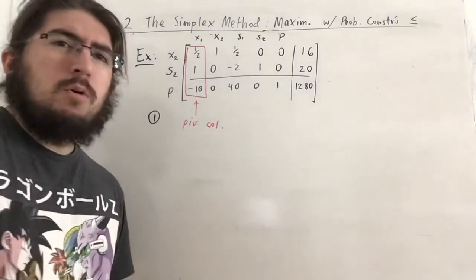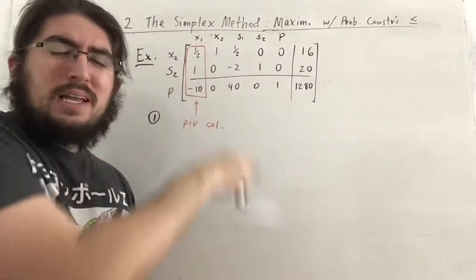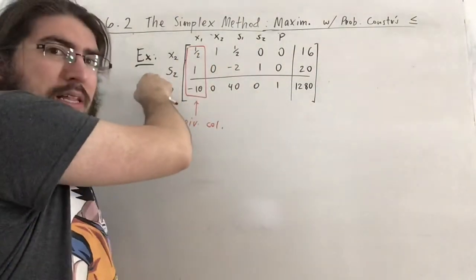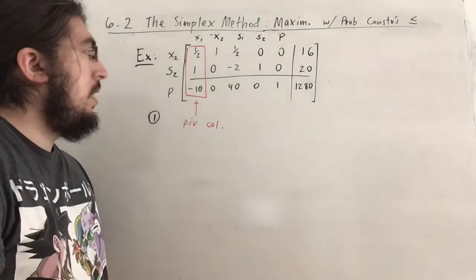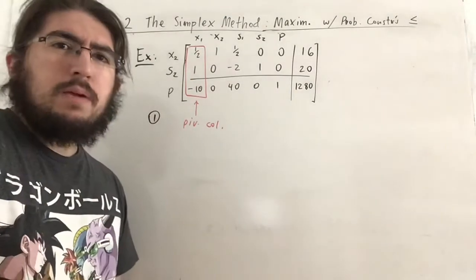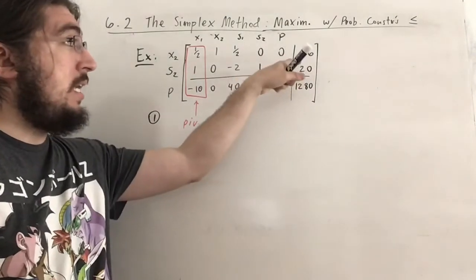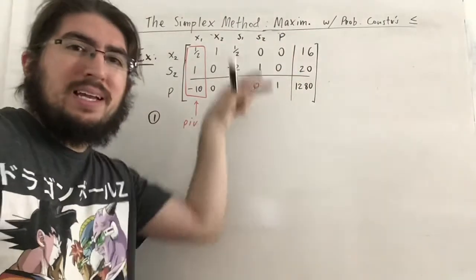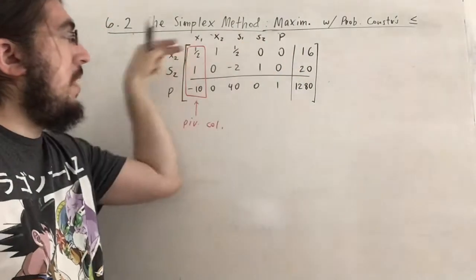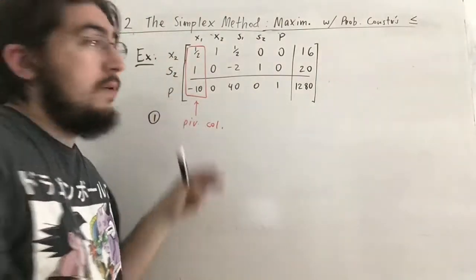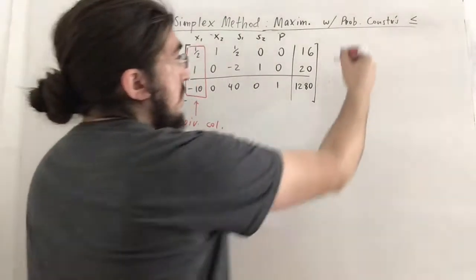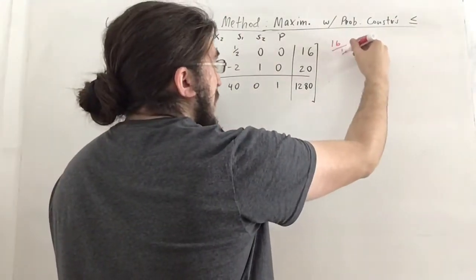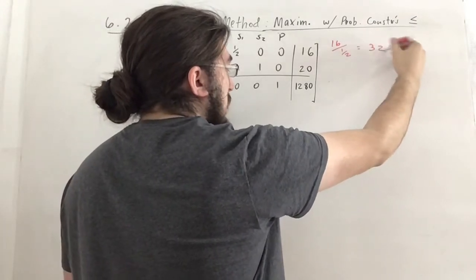What is our pivot row going to be? Well, it would have to be this one, like I said, because x1 would have to exit where s2 is. But how did we find it before? Well, we divided these numbers by the coefficients of the column. So let's do that here. If you divide 16 by 1/2, that's the same as multiplying 16 by 2, so that's 32.